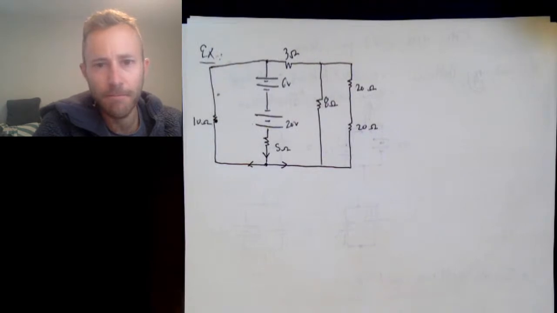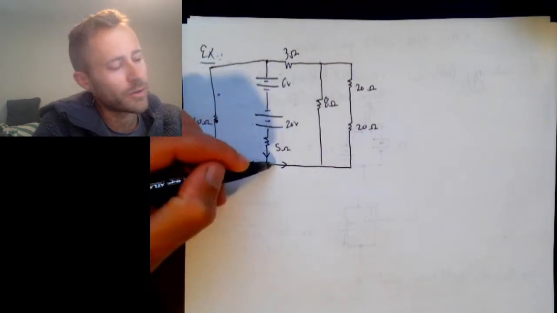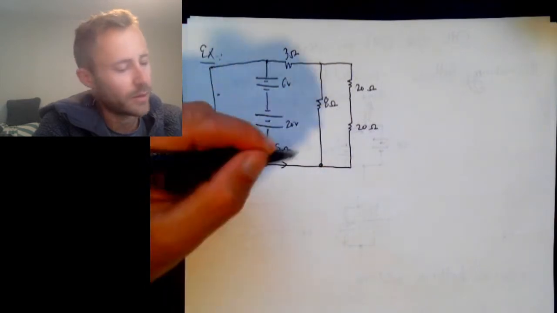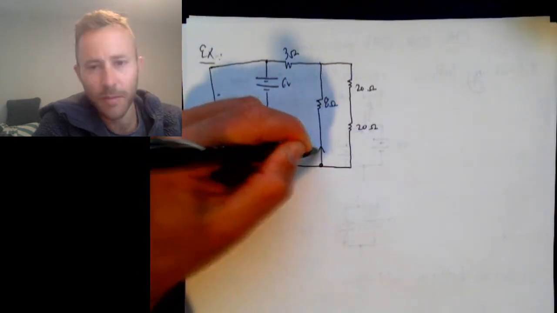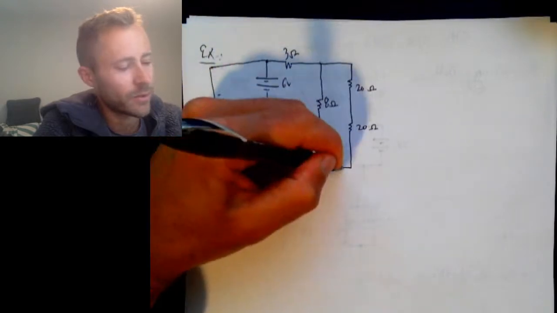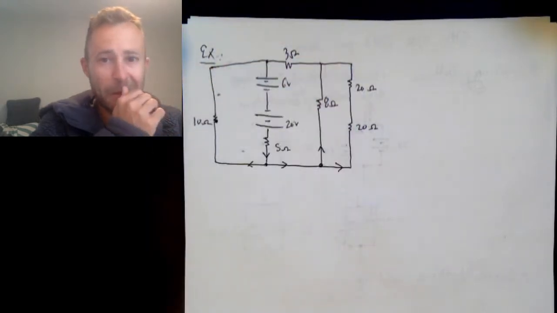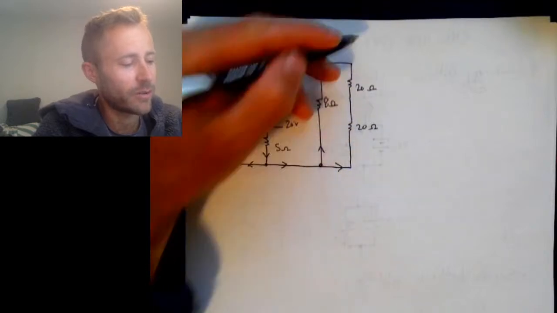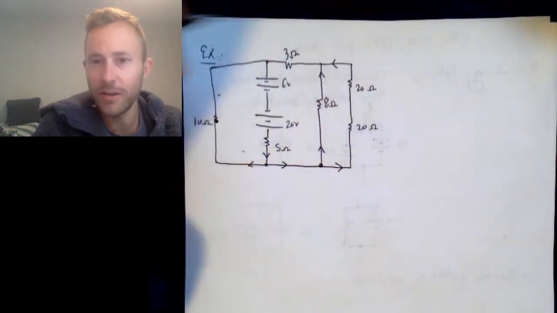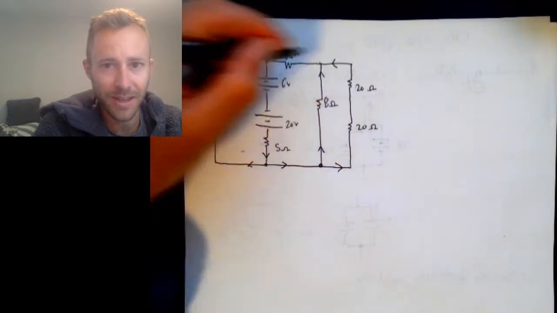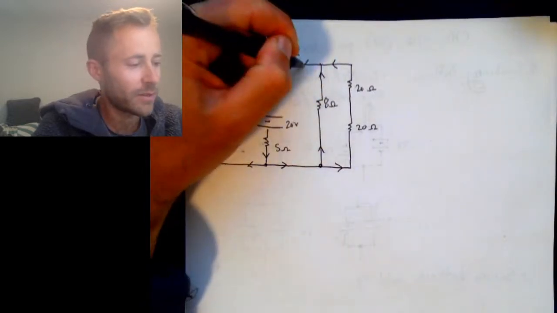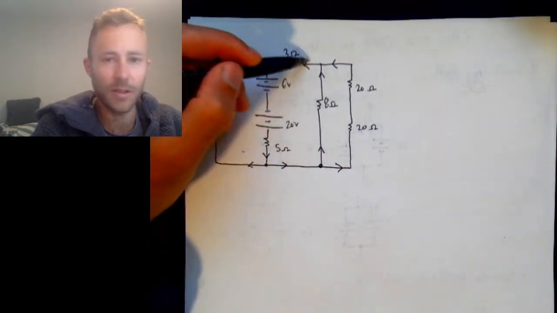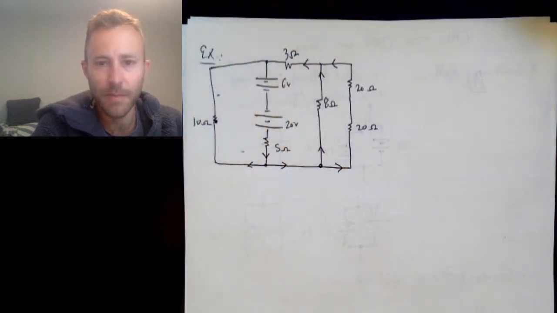All right. The current that goes this way is going to hit this junction, and some of that current is going to go this way. Some of that current is going to go this way. Those two currents are then going to meet right here and come together again to make the original current. So the size of this current is going to be the same as the size of this current.